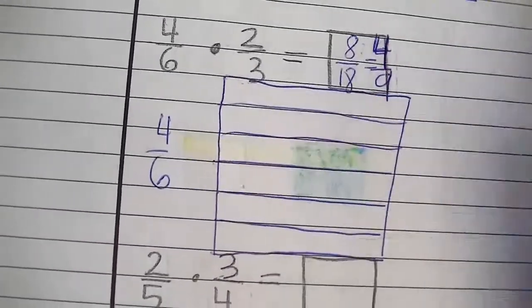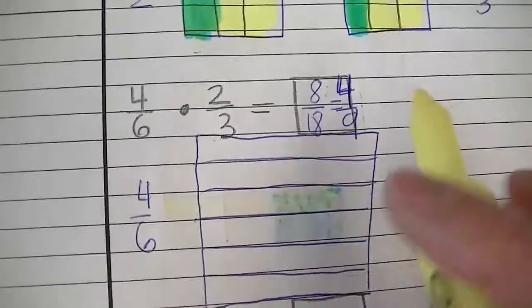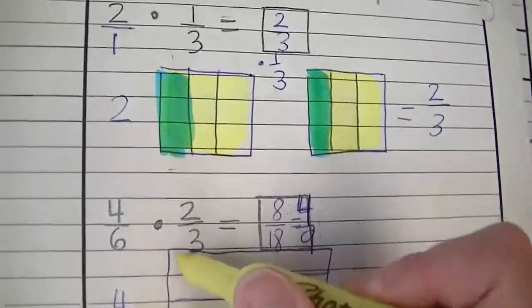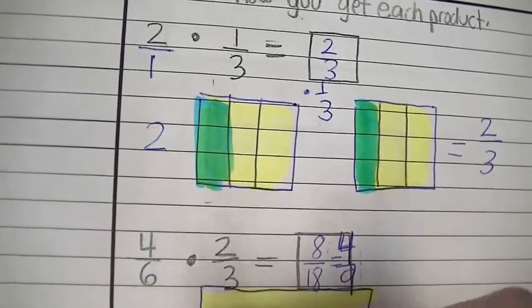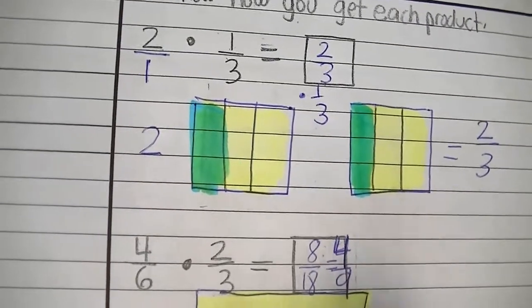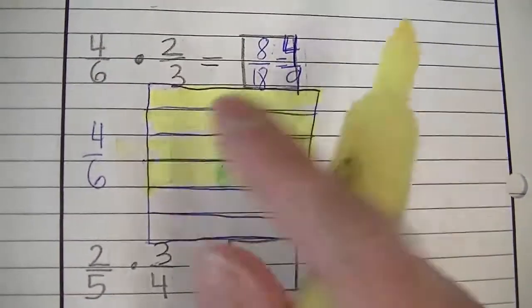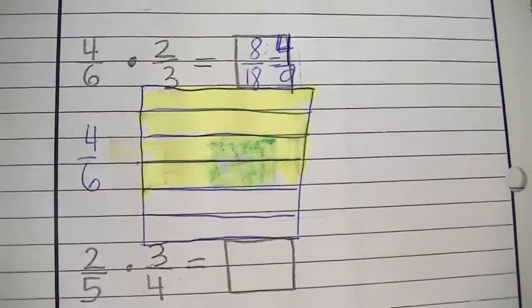Okay, so to represent 4/6, I need to shade in 4 of those rows. Okay, would you agree that that's 4/6? Sorry, it's bleeding through from the front page.